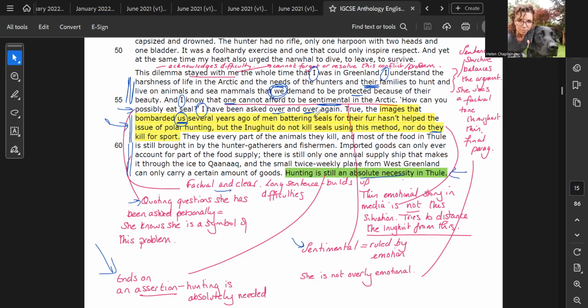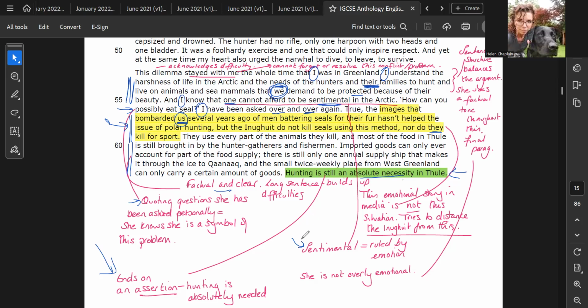The idea that you have the more emotional, more emotive, more metaphorical description interspersed with the clearer, more factual rationale, the justification of why this is happening, and that she builds up to really trying to explore the complexity, both factually and emotionally, of this issue without ending on any resolution other than, well, we need the hunting.